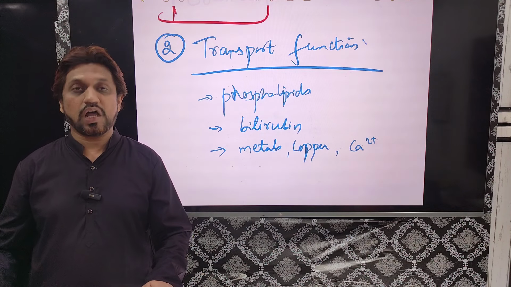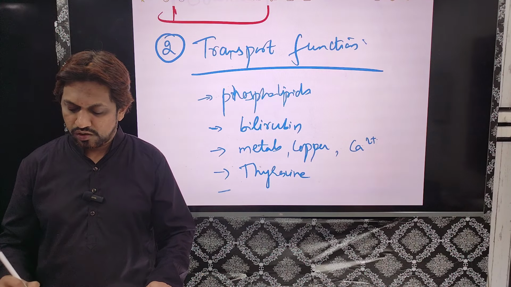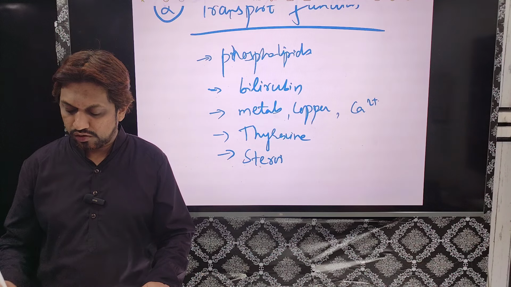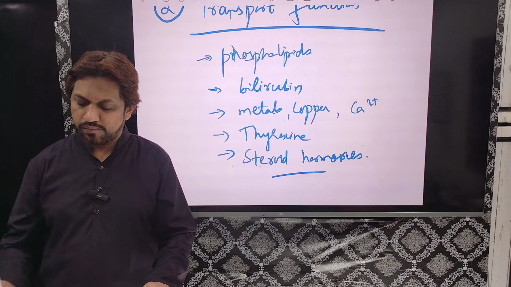Certain hormones like thyroxine, the thyroid hormone, or even steroid hormones like cortisol are also transported by albumin.